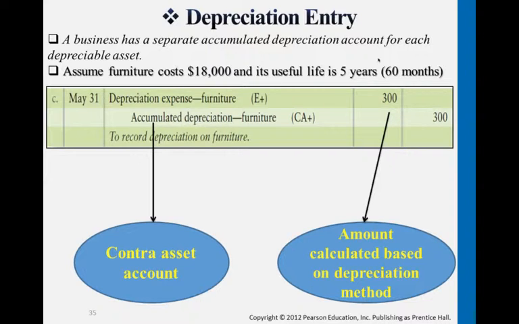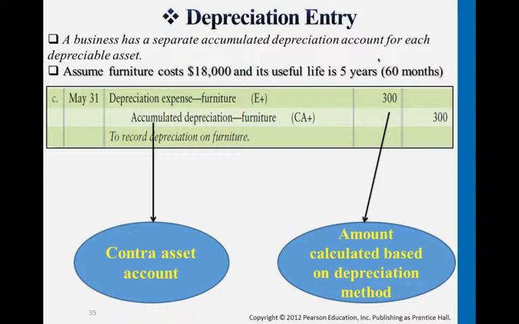Under the furniture T account, you will always see $18,000, the original purchase price. Then you have the opposite, the accumulated depreciation account, a contra asset account, where you see $300 listed on the opposite side, because accumulated depreciation reduces the asset's value.